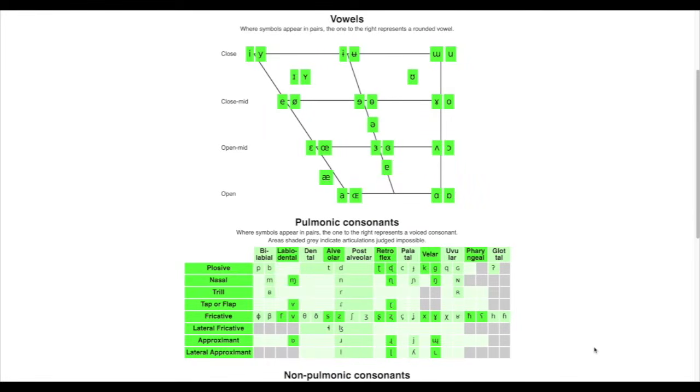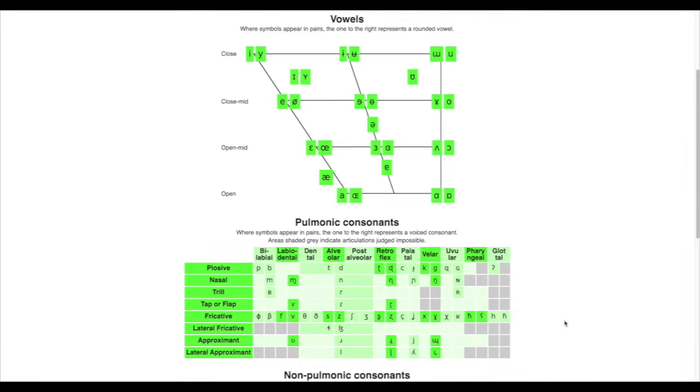Now, the beauty of the IPA is that it gets as close as possible to having one symbol per sound in language. So if I see a symbol like this vowel symbol, and I see it in writing, I know that it's going to be pronounced something like this. Now, obviously, if you look at these 2 charts, there is a lot more symbols in this than we have letters in our alphabet.